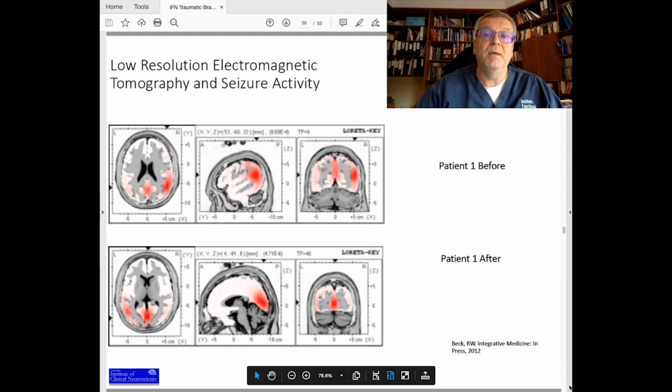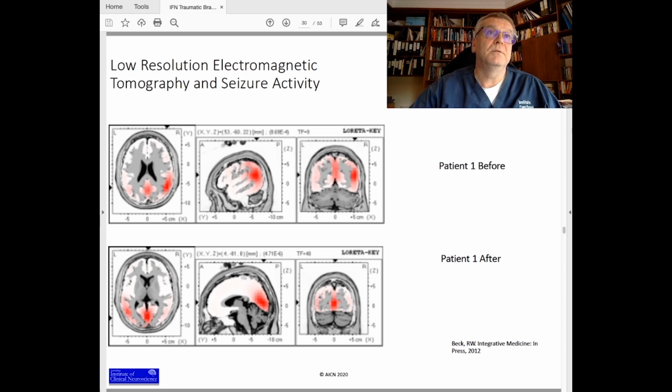Now, this particular patient experienced a stroke, and you can see this area here is the area where the stroke occurred. This is also the area producing the seizures in this patient. And it's here in a different view. What we did was, you'll see here, it's mostly gone. So the white here is normal, and the red is hyperactivation, usually associated with seizures or scar tissue.